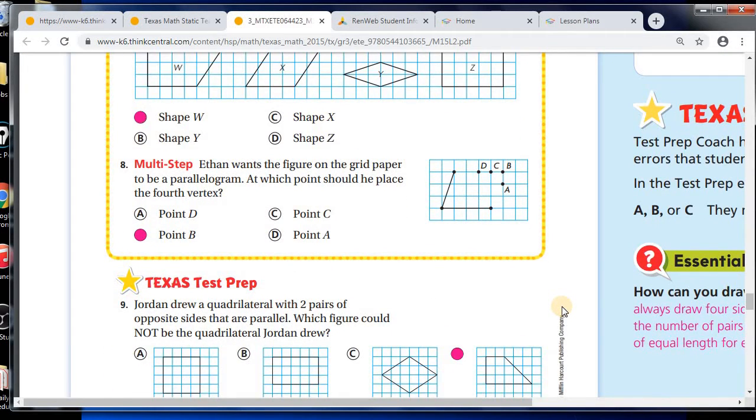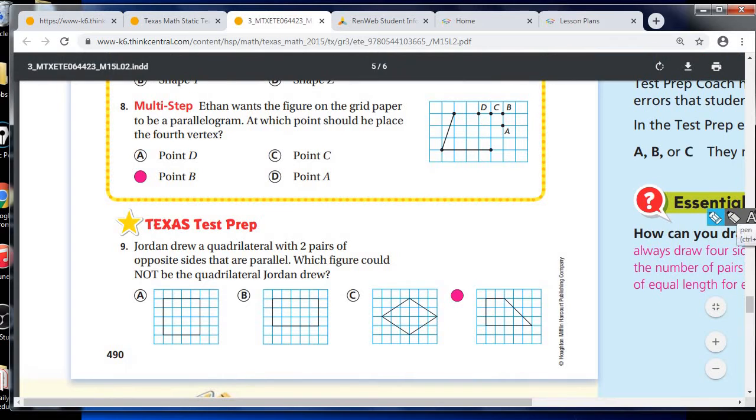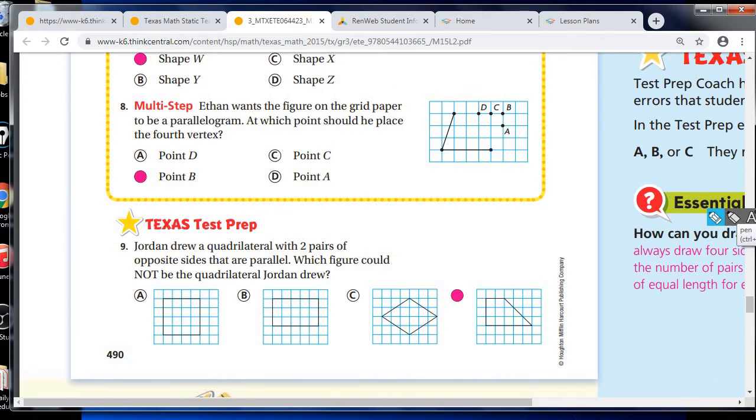So the next one is just asking you to visualize where the next point will be, the next vertex. So we'll look at Ethan, and here's the grid paper, and it's asking you at which point should he place the 4th vertex, and he's making a parallelogram.